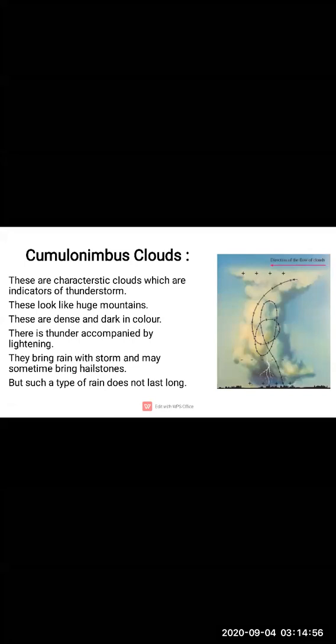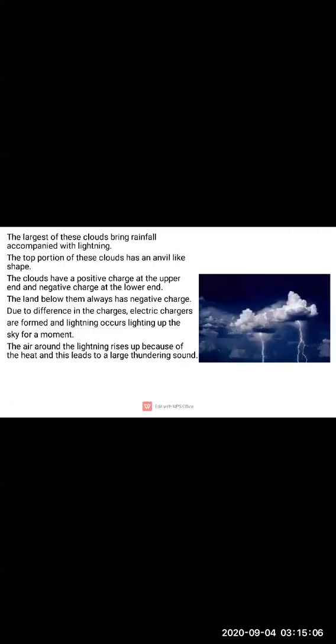But such type of rain does not last for a longer period of time, children. It is for a short duration. The largest of these clouds bring rainfall accompanied by lightning. The top portion of these clouds has an anvil-like shape. Now, what do you mean by anvil, children?